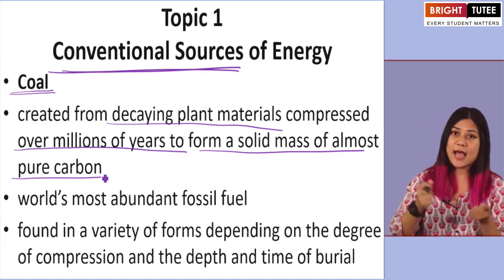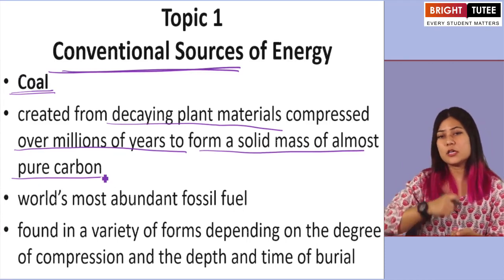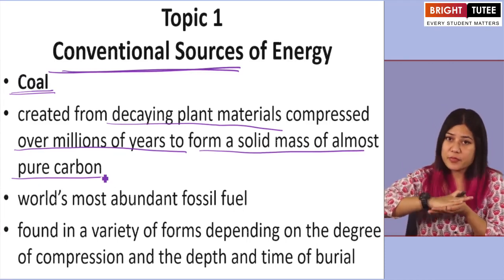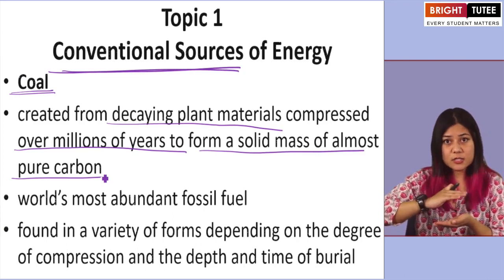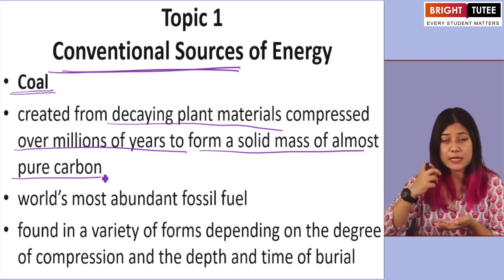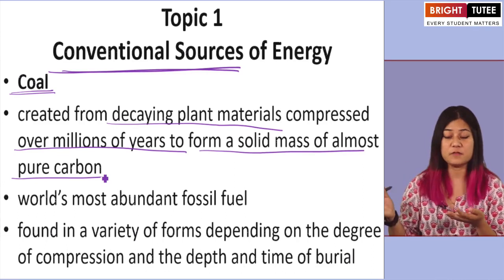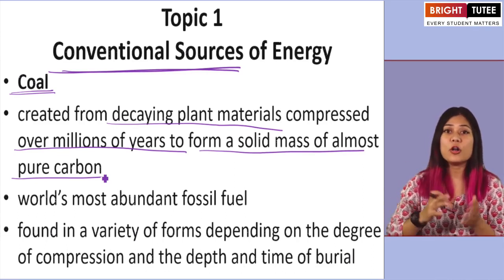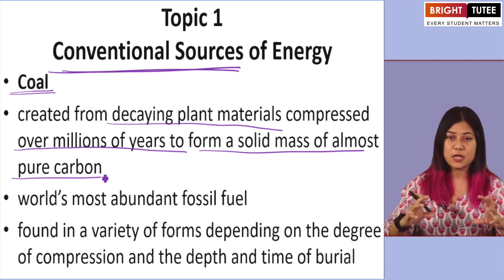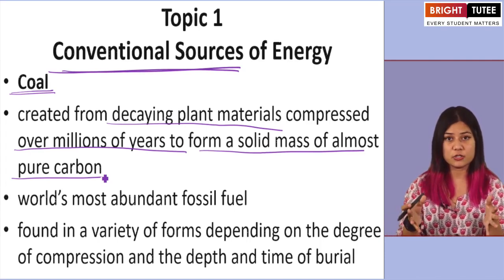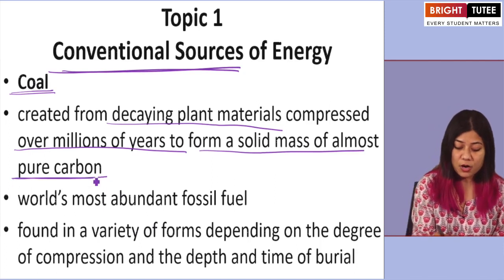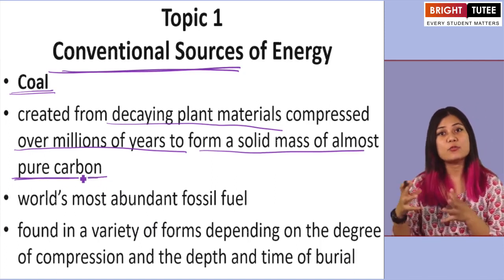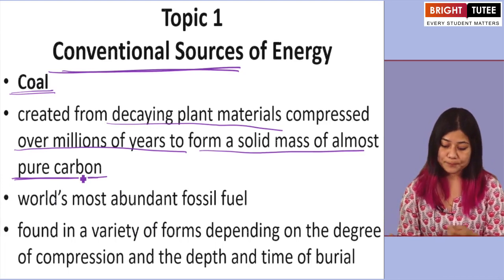As they accumulate over years and years, they compress, right? This compressed material, if it remains for millions of years, forms a solid mass. It becomes solid, like a rock structure. So that is a mass of pure carbon, and that is what is known as coal.